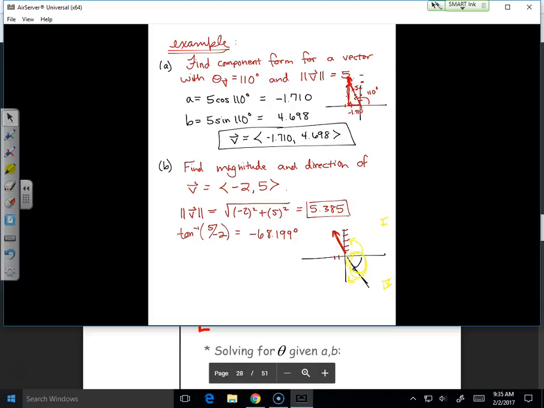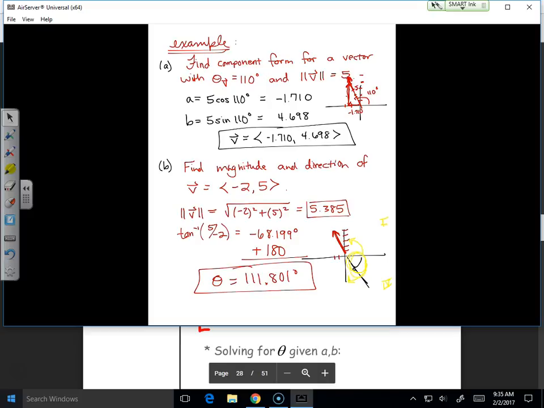So it gave us the one it could. But what do I have to do to the one that it could, the negative 68.199, in order to make it the one that I need? Plus 180. I need to say, you know what, you're on the opposite side, buddy. So make them on the opposite side, add 180 and get 111.801. Sound good? Okay, is that closer to what we knew it should be? Yeah.